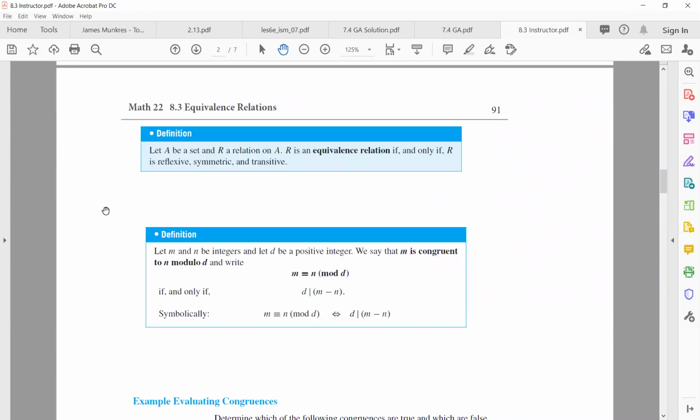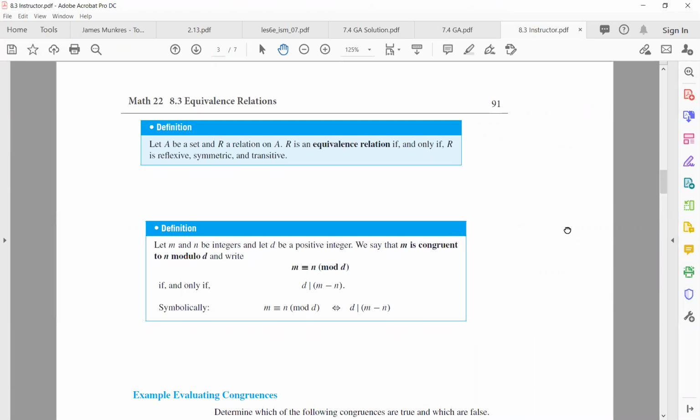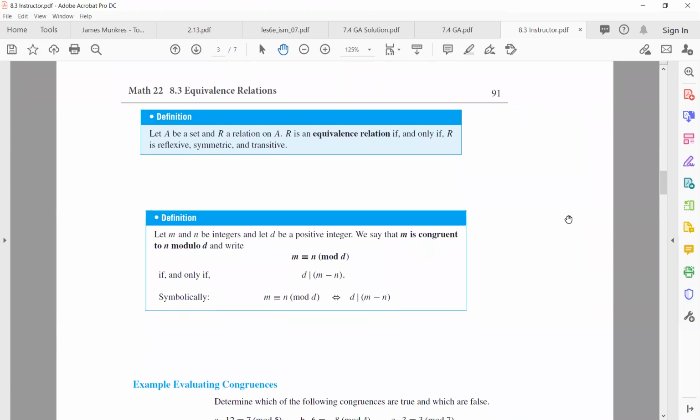Very well. Definition. Let A be a set and R is a relation on A. R is an equivalence relation if and only if R is reflexive, symmetric, and transitive. One of the important equivalence relations is congruence mod D. So we say that M is congruent to N mod D if and only if D divides their difference.